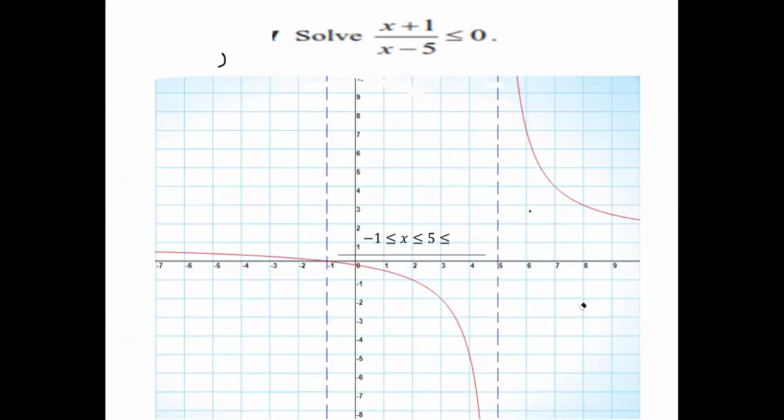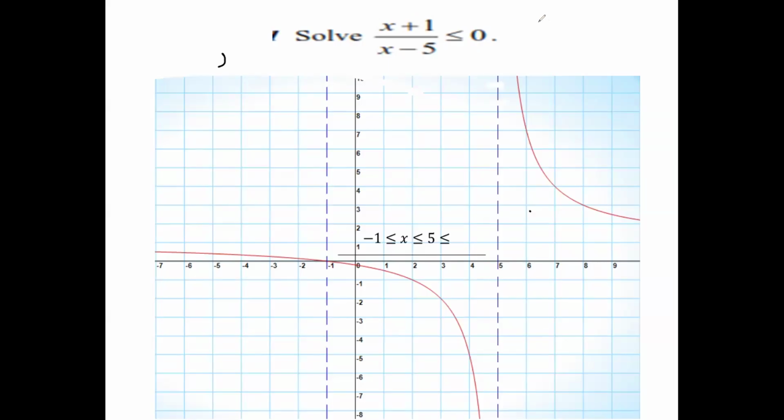Good. So watch this here. The inequality says that (x + 1)/(x - 5) can be less than 0 or equal to 0. Now, I want you to note from the graph that when you put in -1 here, the thing is equal to 0. Watch.